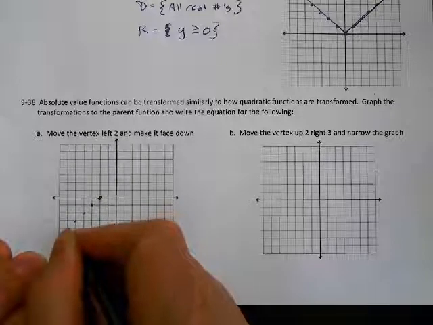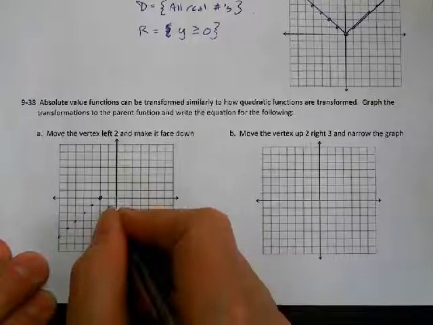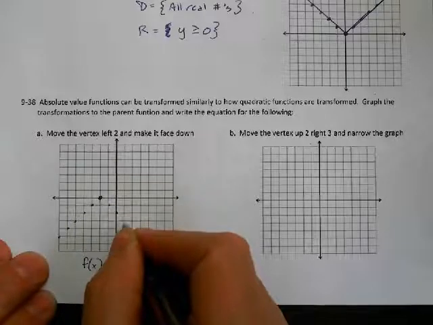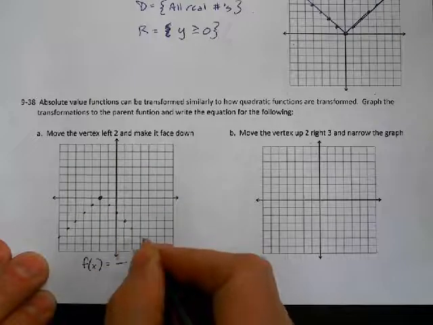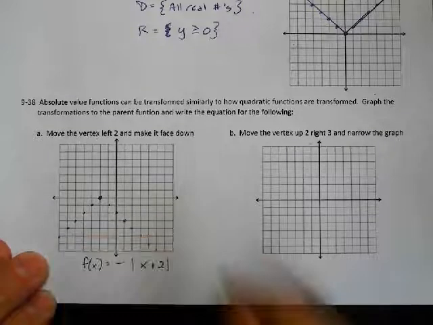Now the parent function has a slope of 1. So this is slope of 1, this is slope of negative 1. So if we're going to stick with the parent function, we're going to have that same width to our V shape here.